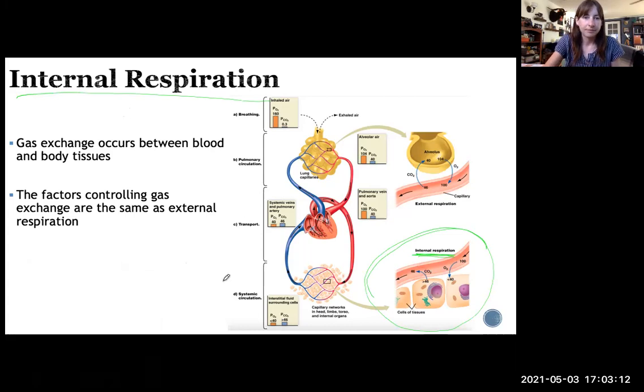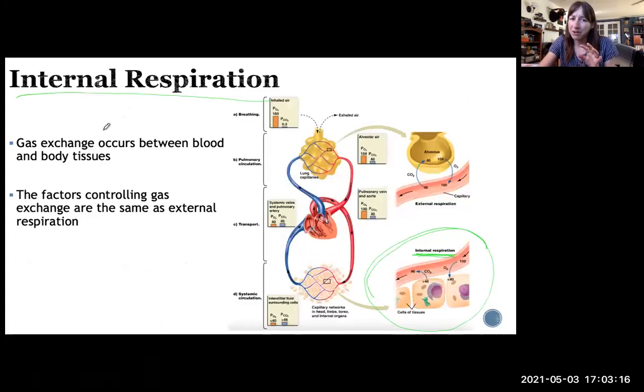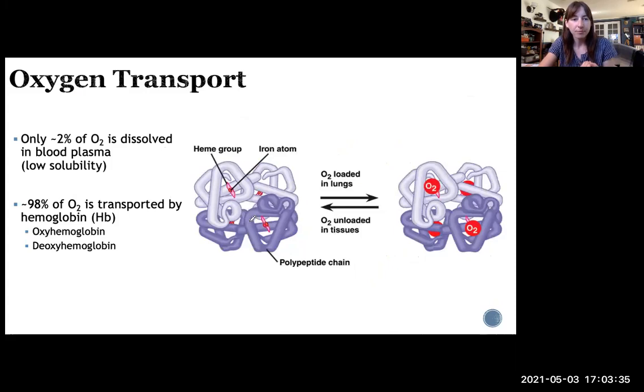So that's literally all I'm saying about internal respiration. The factors are the same, except instead of going from air to blood, now we're going from blood to tissues. But these molecules still need to travel down their concentration gradients in the correct direction. The physics is the same.